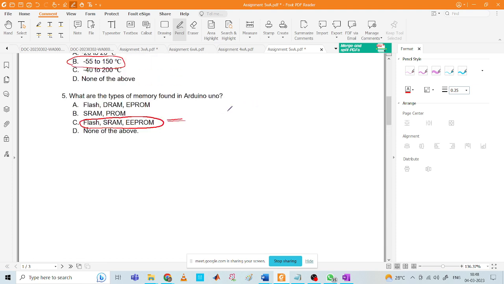So flash is used for storing the main program, and it is non-volatile. EEPROM is used for storing the boot code.